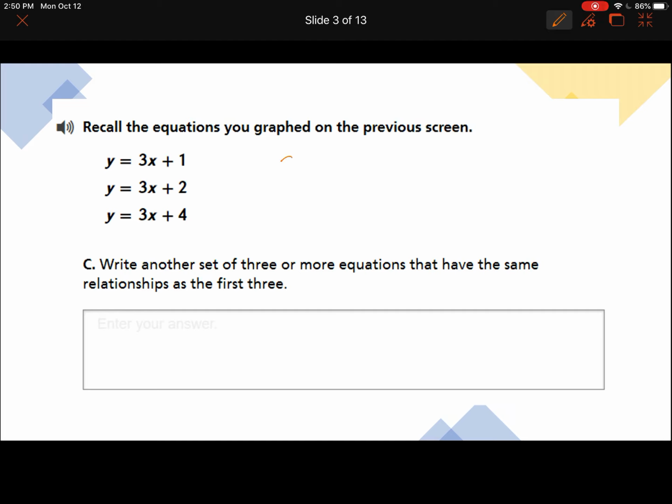We have a lot of options here. We could do something like 2x plus 2, 2x minus 4, 2x plus 12. We could do negative 4x plus 2, negative 4x minus 8, negative 4x plus 10. Any of those would be sufficient to have the same relationship.